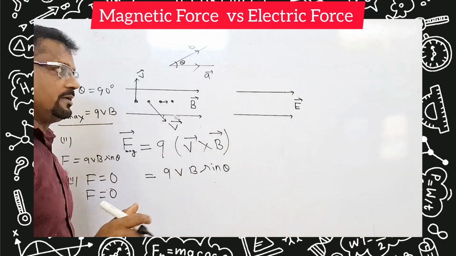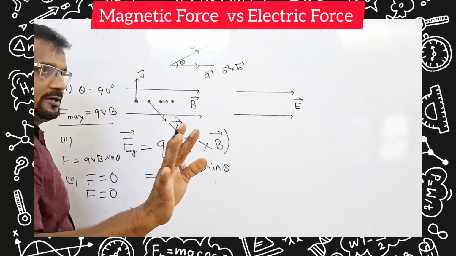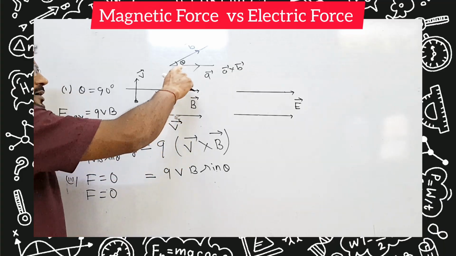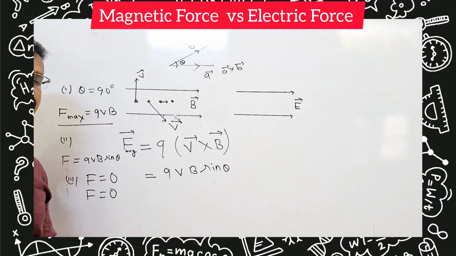Then A cross B is a vector that is perpendicular to both the vectors A and B. This is the definition of cross product.